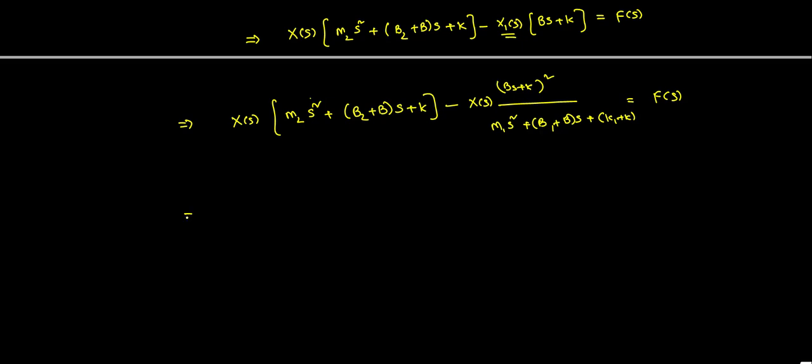So what you will get, our intention was x of s by f of s is equal to, so this one will be cross multiplied with this and then it will go to the other side.